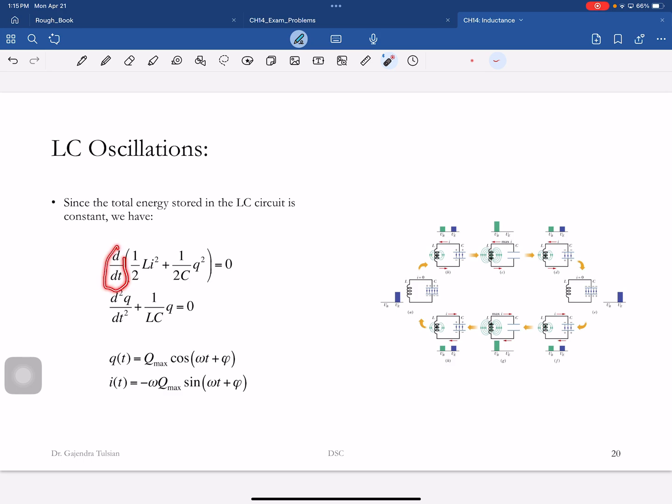So you take the time derivative of that, do the simple trick, and that should be 0. And so that gives you this. I in the circuit is related to the charge in the capacitor, like that. So this gives you a differential equation for the charge in the capacitor, a second order differential equation.